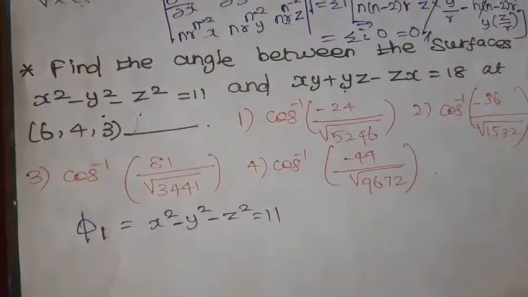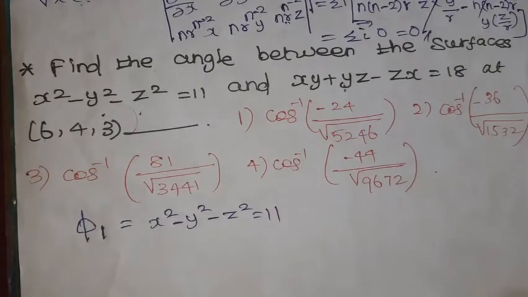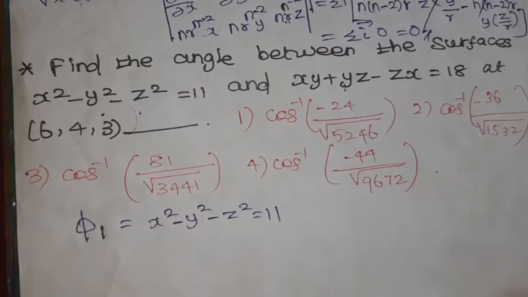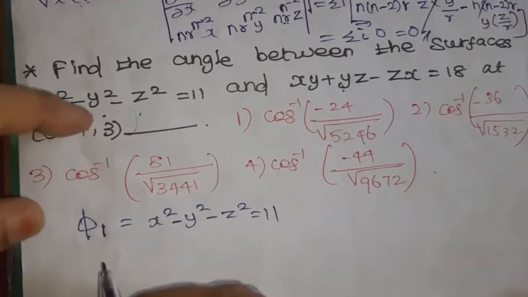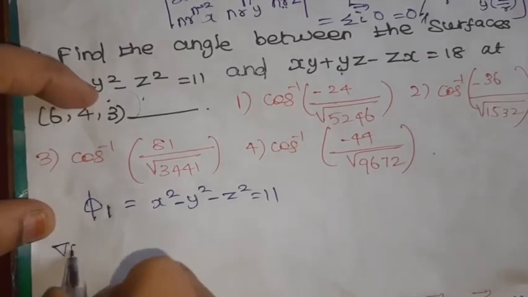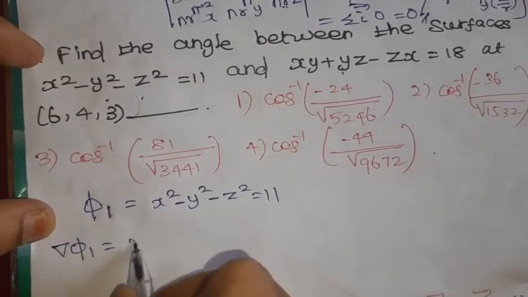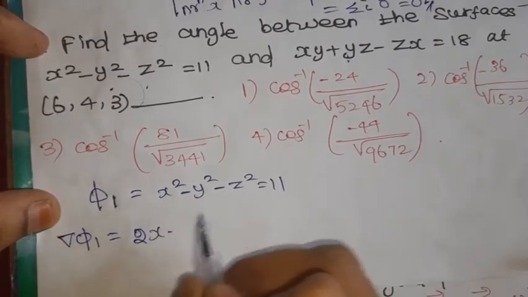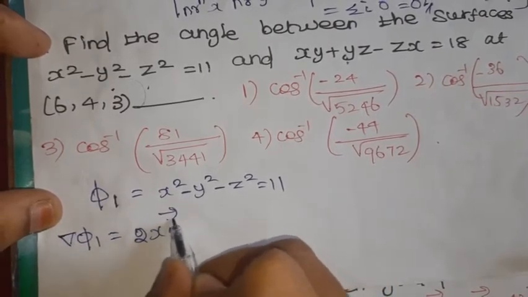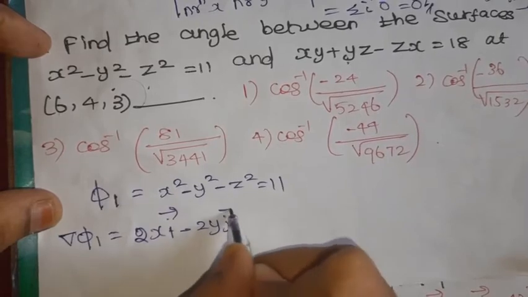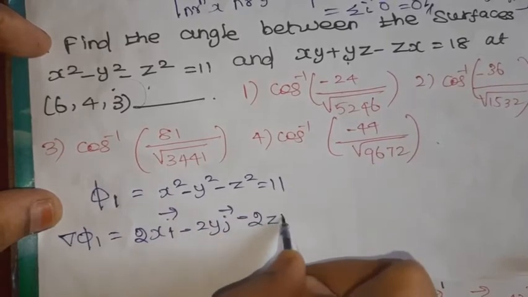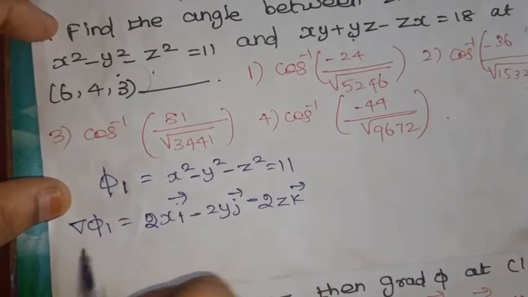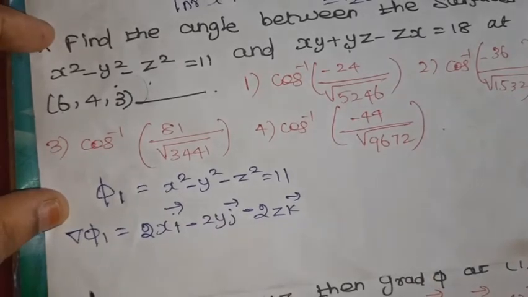The point is given, so we are going to put the point and solve this problem. Del phi 1 is equal to 2x i into dou by dou x, j into dou by dou y, 2x i minus 2y j minus 2z k.